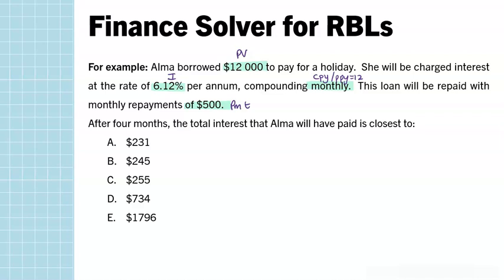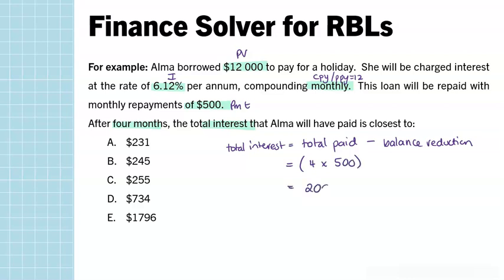After 4 months, the total interest that Alma has paid is closest to what? Just like the previous example, our total interest will be the total paid minus our balance reduction. For the total paid, Alma is making 4 months worth of $500 repayments, so she's making $2,000 worth of payments.